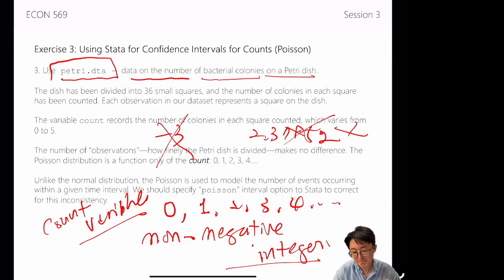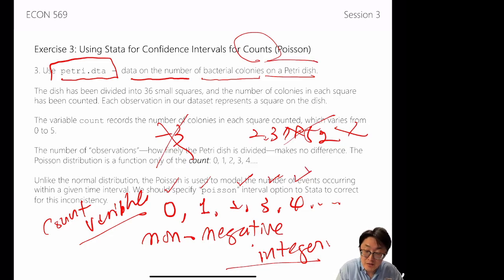integer. So if your variable is a count variable, meaning 0 times, 1 time, 2 times, 3 times, 4 times, then you are using a statistical distribution called Poisson distribution.